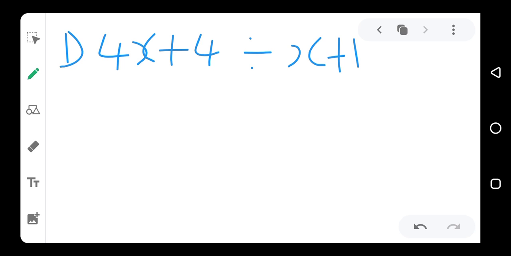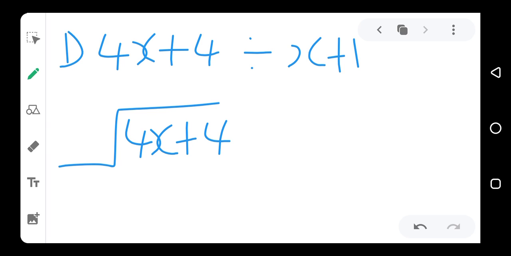Now, to do this, we create this column. We write the dividend, the polynomial we are dividing, inside this column: 4x plus 4. The one that is dividing it, which is the divisor, we write it here: x plus 1.